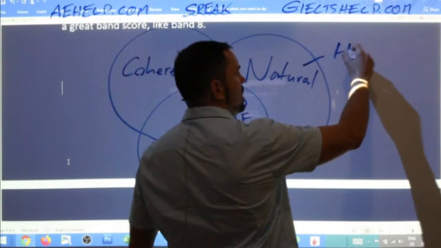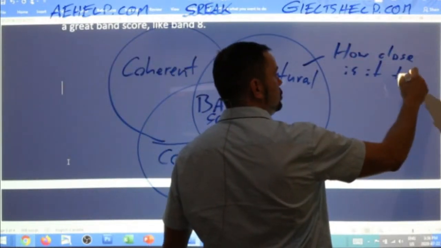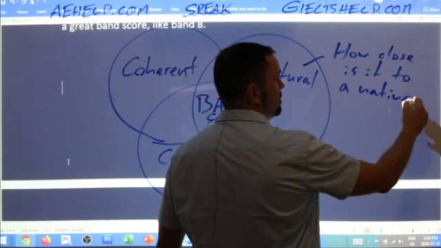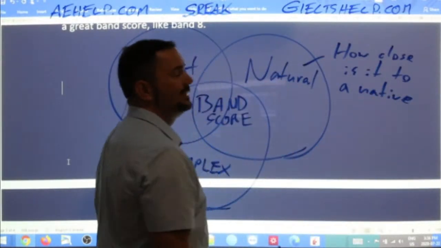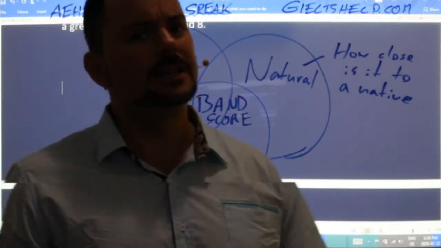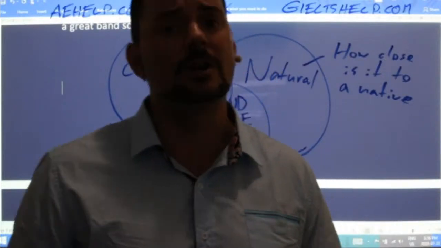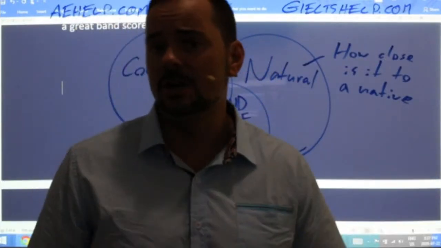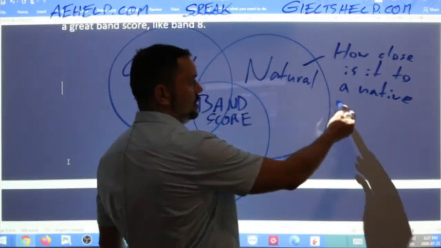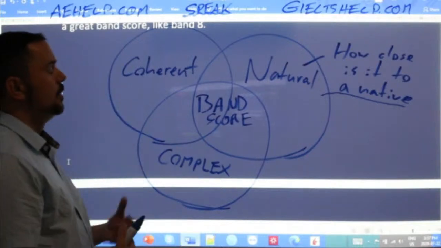This means how close is it to a native speaker? Okay, now it could be native British, native American, native Australian. It doesn't matter. Sometimes students are like, well, is it British? Is it American? It doesn't matter. British people are mostly familiar with American English. Americans are familiar with British English and Australian and so on and so forth, especially the examiners. So is it the kind of language that a native speaker would use, would understand?